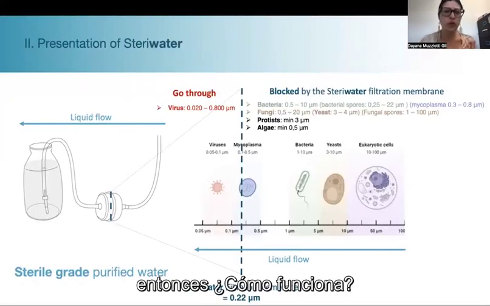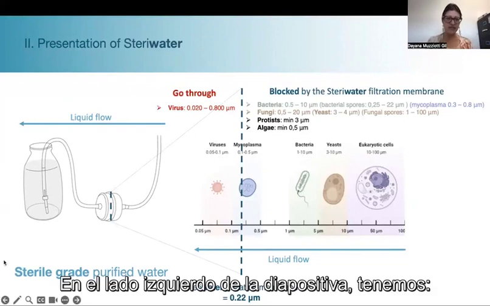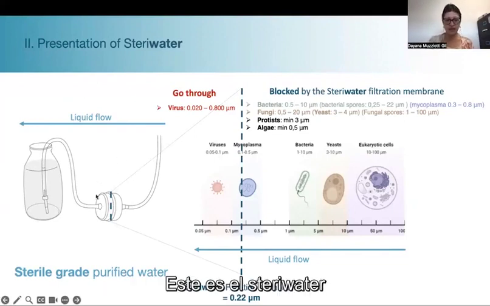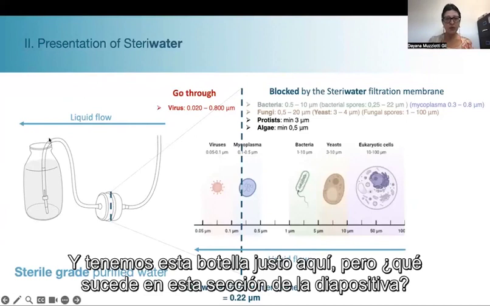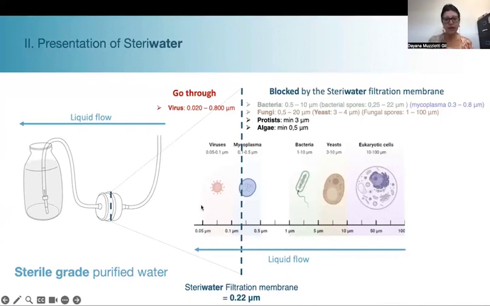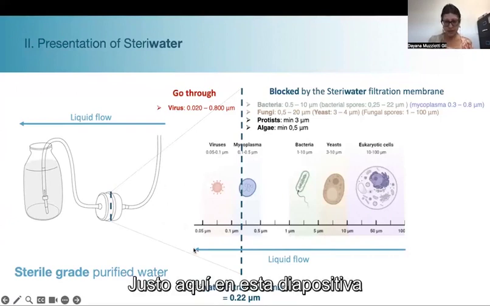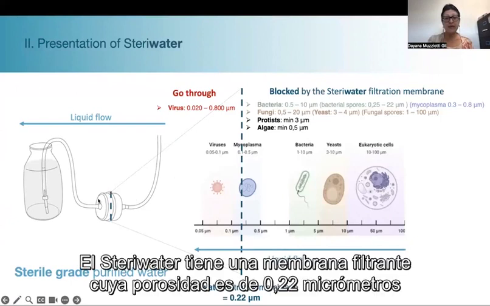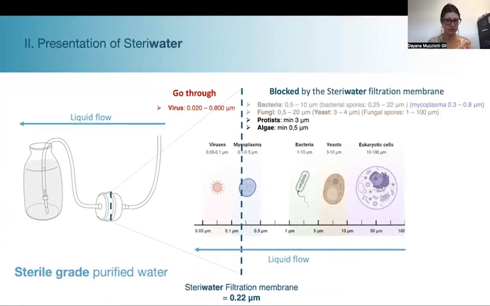Then, how it works. On the left side of the slide, this is the Steady Water, and we have this bottle right here. But what's happening in this section of the slide? As you can see, the Steady Water has a filter membrane whose porosity is 0.22 micrometers.